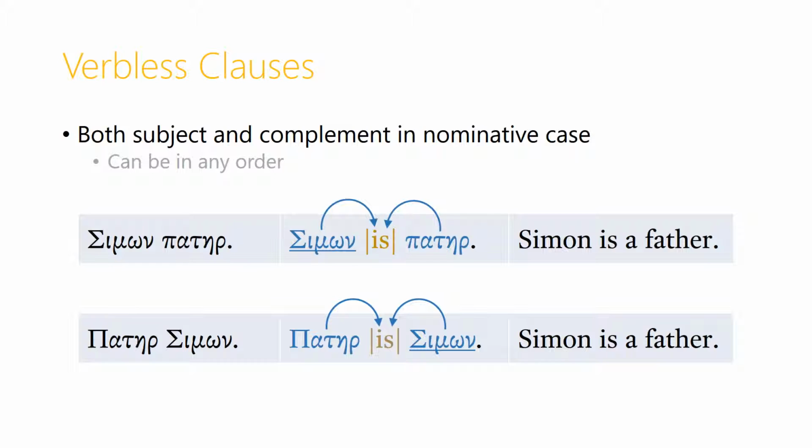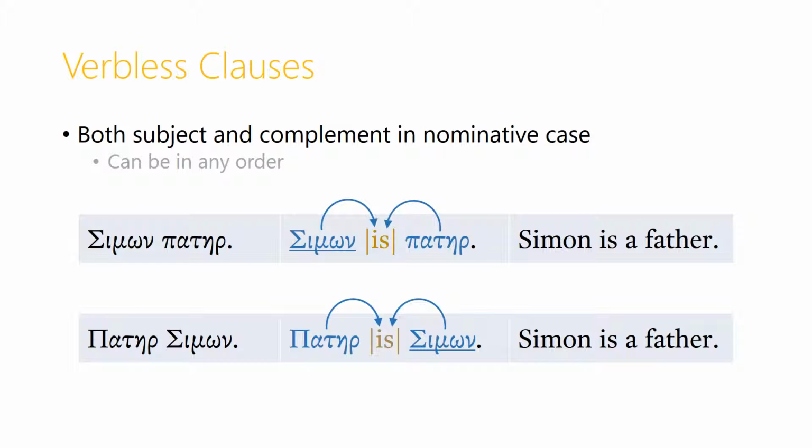Both subject and complement, again, are in the nominative case, and they can come in any order. So if we take these two clauses, Simon Pater and Pater Simon, they mean the same thing, even though the word order is different. So in both cases, the verbless clauses, we assume the verb to be is at the core of them, and we assume that one of the nouns is modifying that verb to be to give us the subject, the other is giving us the complement, telling us how that subject exists.